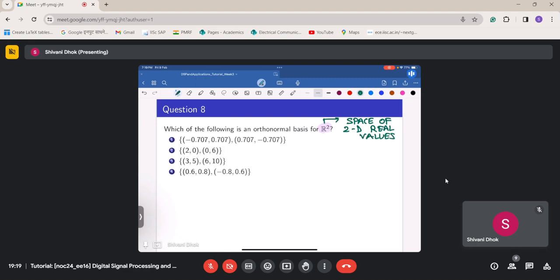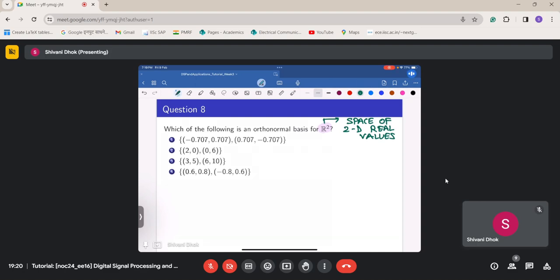Basically it will have two-dimensional vectors, and since it is two-dimensional, it will have two vectors in its basis. So what is a basis? Basis are two vectors which are linearly independent, and we can write the entire vector space using these two vectors.